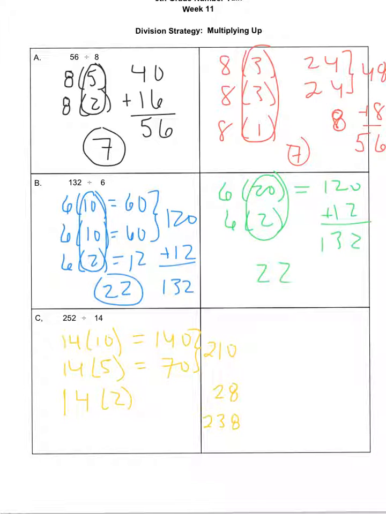Then you say, oh, well, wait a second, I only need one more 14. 14 times 1 is 14, which gives me a total of 252. So I'd add up 10 plus 5 plus 2 plus 1. So 10 plus 5 is 15, 16, 17, 18. So I know 252 divided by 14 would be 18.